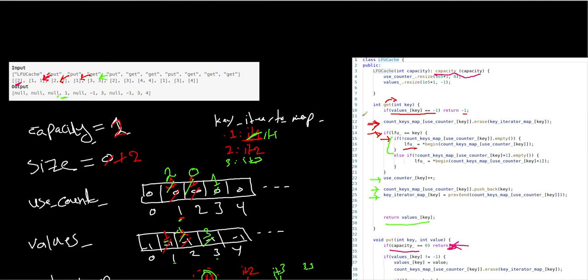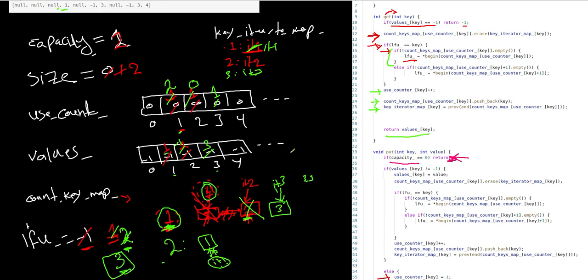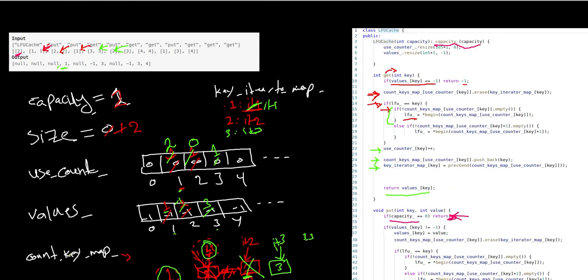Then we have get 2. If the value of the key 2 equals -1, return -1, and as you can see here, the value was -1, so we just print -1.